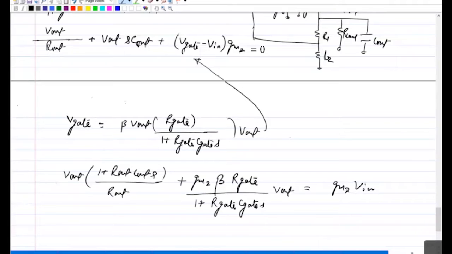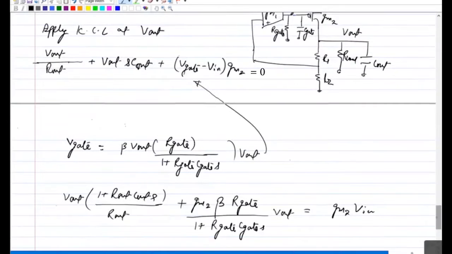In the V gate expression, don't we have a gm1 term? Sorry, wait, that will be gm1. Yeah, correct. So beta gm1.